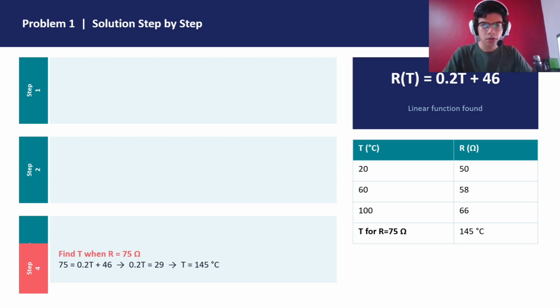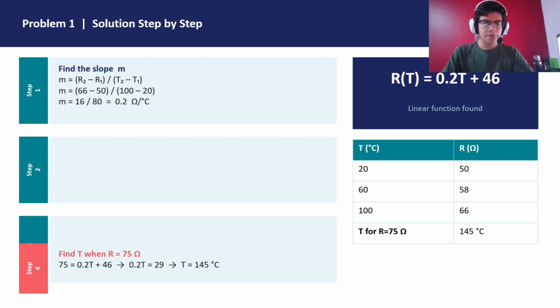For step one, we see that we don't have all of the numbers, only the under numbers, but we will see. Step one, find the slope m.